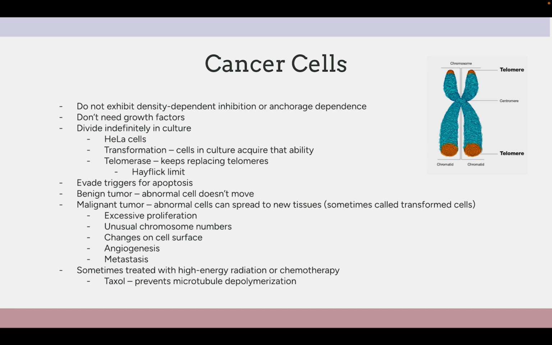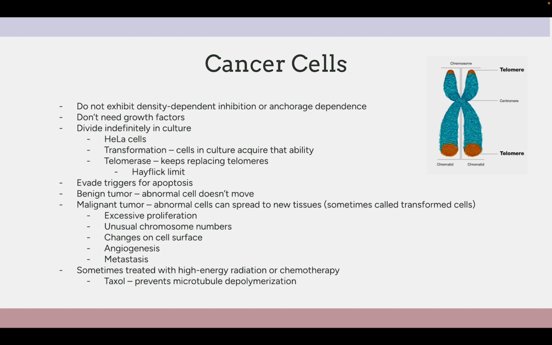And then two types of tumors. A benign tumor is when abnormal cells don't move. Those cancer cells stay in one place. But a malignant tumor is when those abnormal cells can spread to new tissues. And in this case, we sometimes call those transformed cells. And you see excessive proliferation, unusual chromosome numbers, and changes on the cell surface.